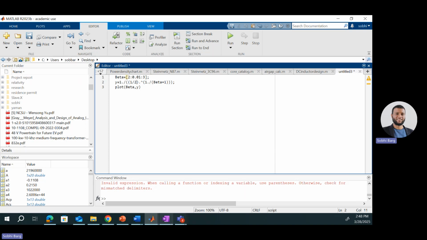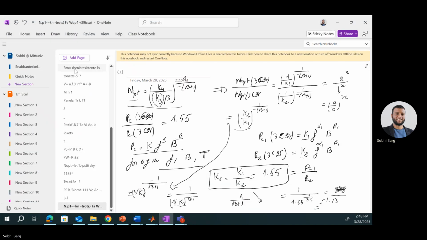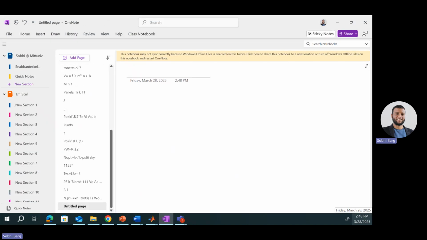Now we can go back. So if we find the n opt of 3C95 or 3C90 divided by n opt of 3C90, it's around 1.15. What does it mean?